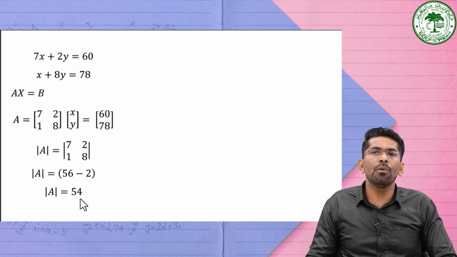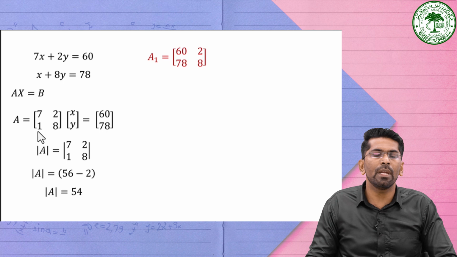Now I am going to form a new matrix by replacing the first column of the original matrix with the constant matrix. The constant matrix is 60, 78. So I am going to write 60 and 78 instead of the first column elements.